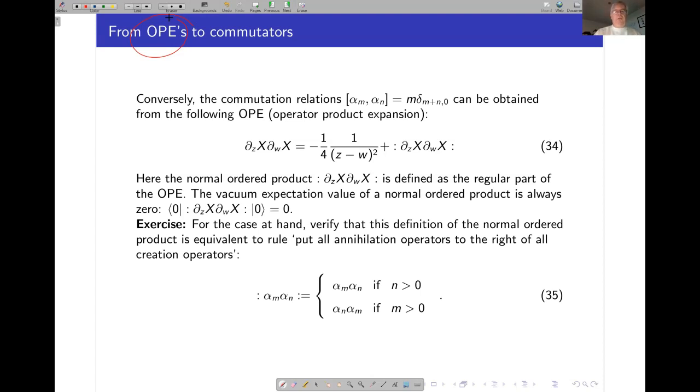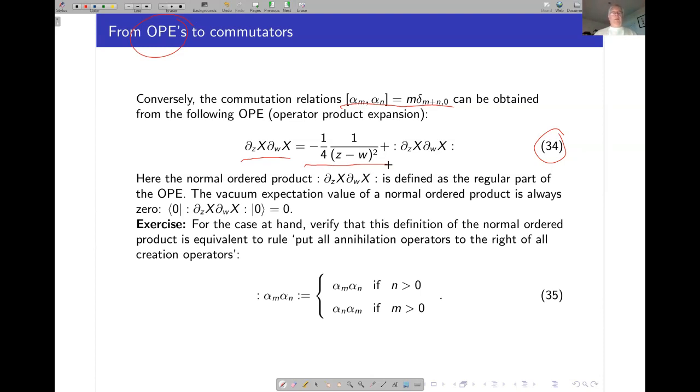So what we will now do, we will derive the alpha-alpha commutator by starting with the OPE for the operator product of the derivative of x with itself. Now, the form that we postulate is formula 34, where we say the following: this will have a singular and a regular part, and the singular part which we postulate is the result that we found previously, which we now turn into a postulate.